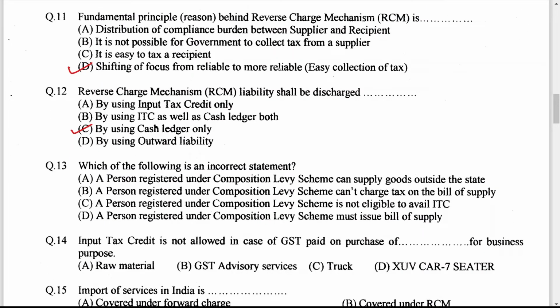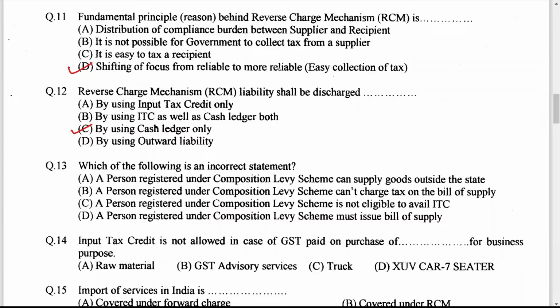Now, which of the following statement is incorrect statement? So, which of the following is incorrect statement from the following four options? Here also you have to find out the incorrect one. That means three sentences are correct, one is wrong. A person registered under composition levy scheme can supply goods outside the state. That is the wrong one. A person registered under composition levy scheme can't charge tax on the bill of supply.